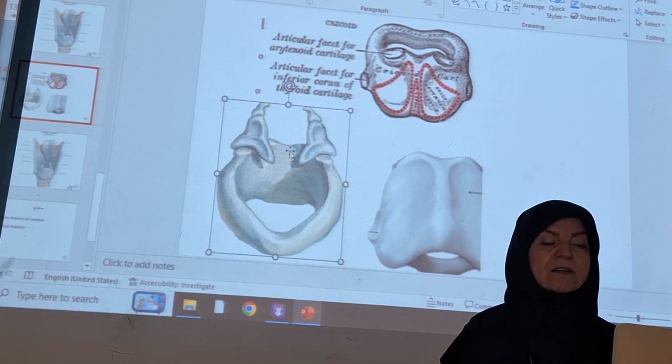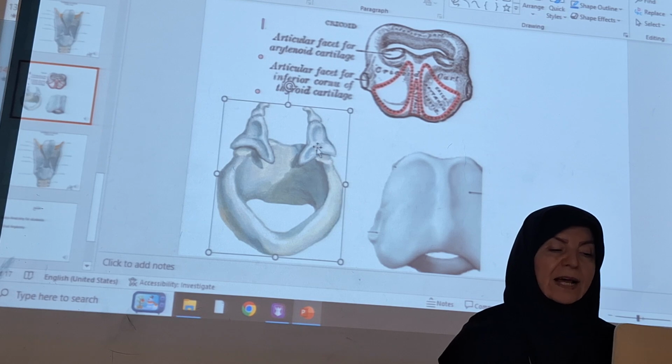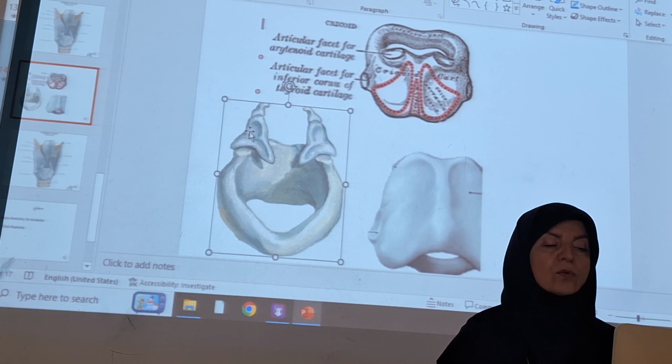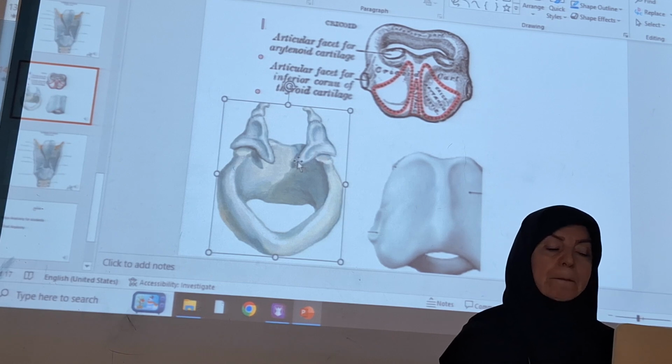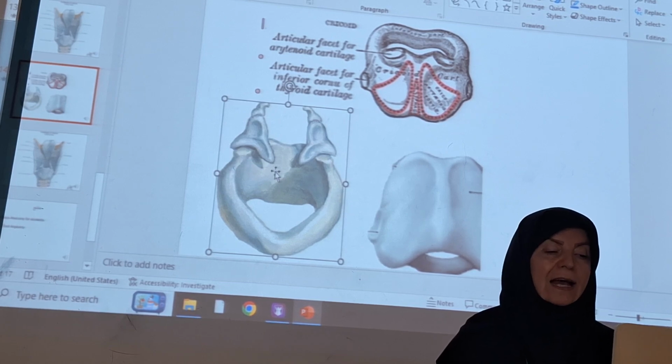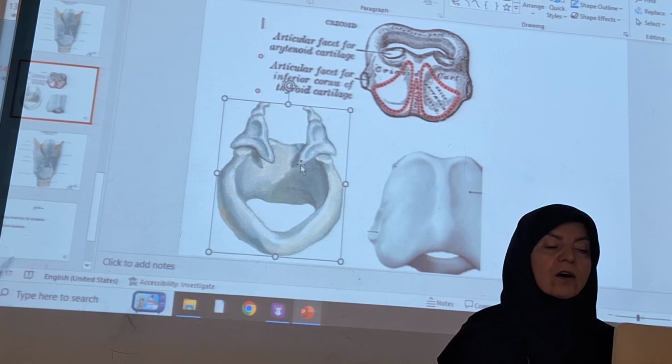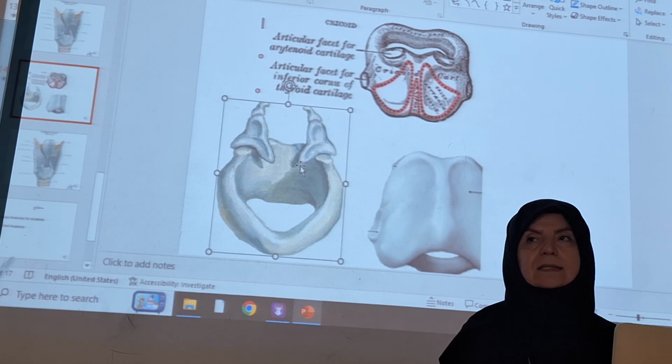Look at the anterior surface of the arytenoid. A crest divides the anterior surface into two areas, two fossae: superior fossa or area and inferior fossa or area. In the base of the arytenoid, we are able to show you three angles. One of the angles projects anteriorly and medially; we call it the vocal process.